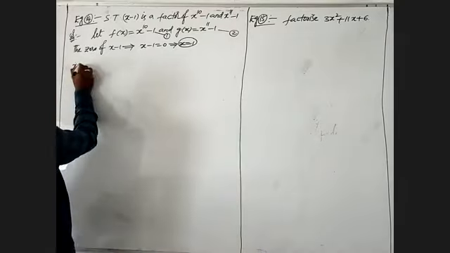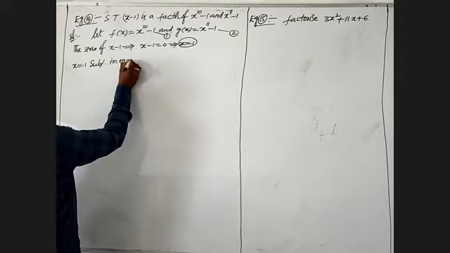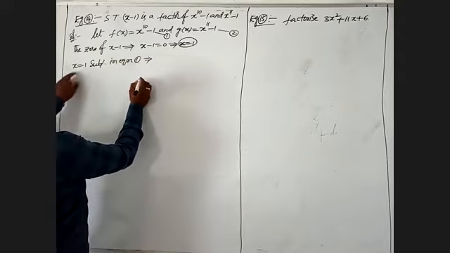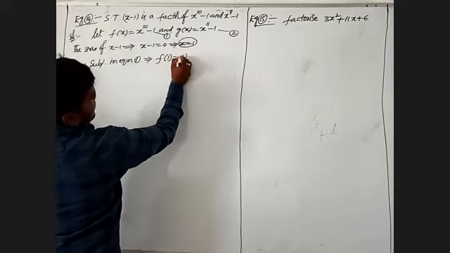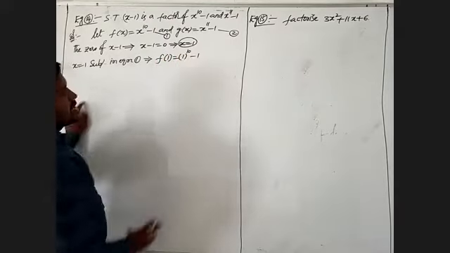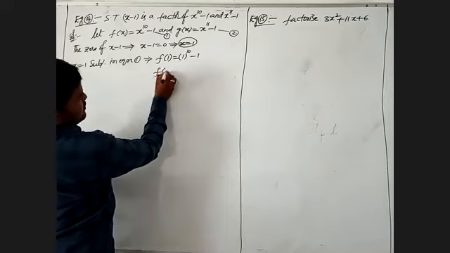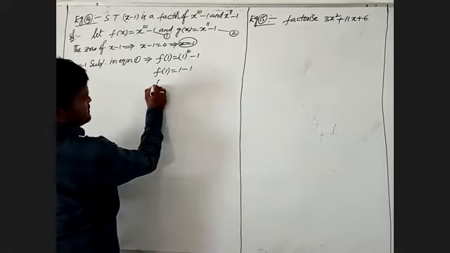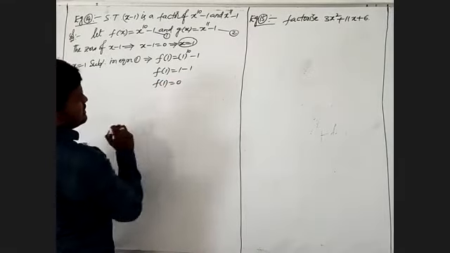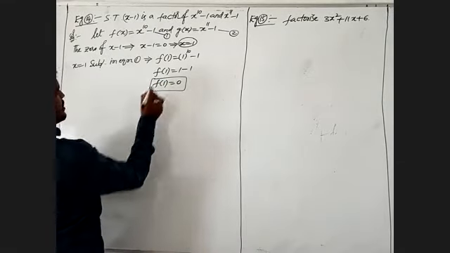Substituting in equation 1, when x is replaced with 1, f of 1 is equal to 1 power 10 minus 1. 1 power 10 means 1, and 1 minus 1 becomes 0. So f of 1 is equal to 0.